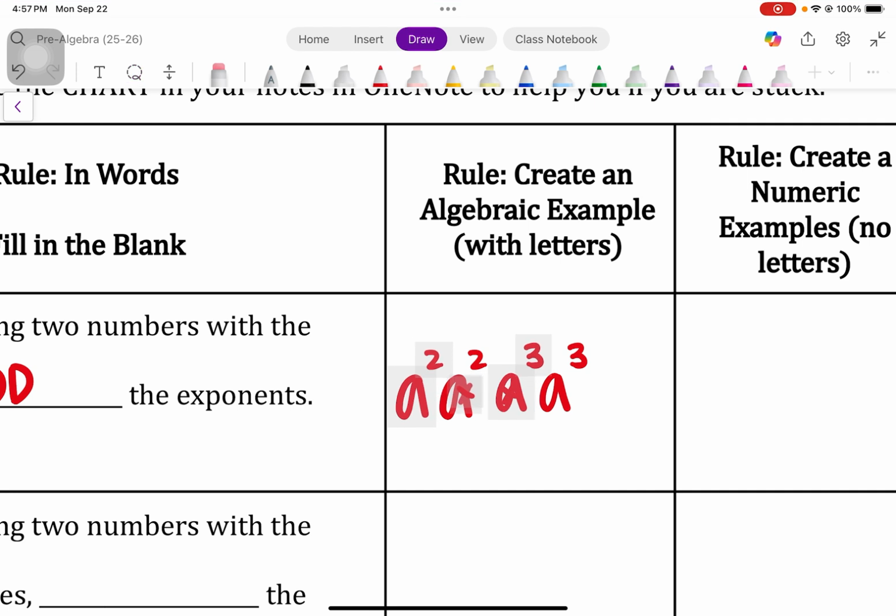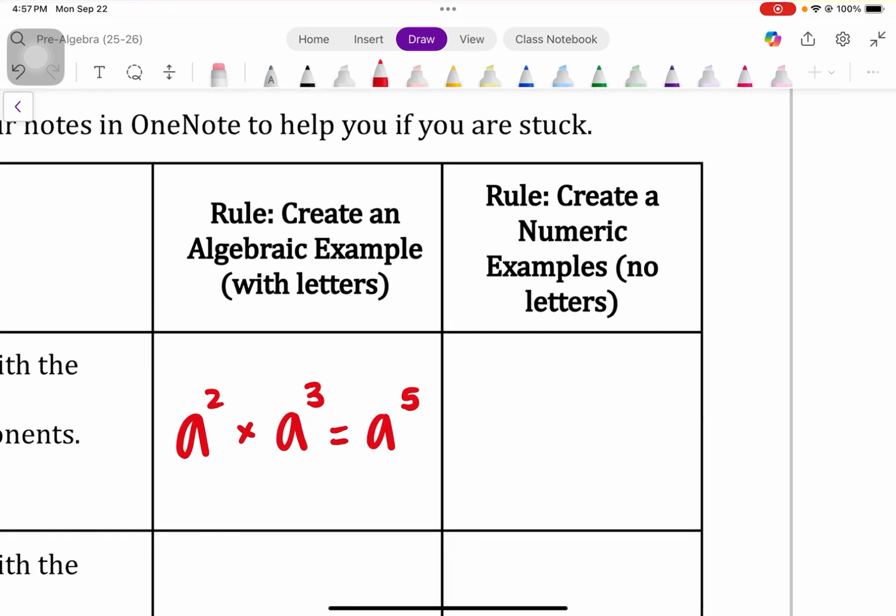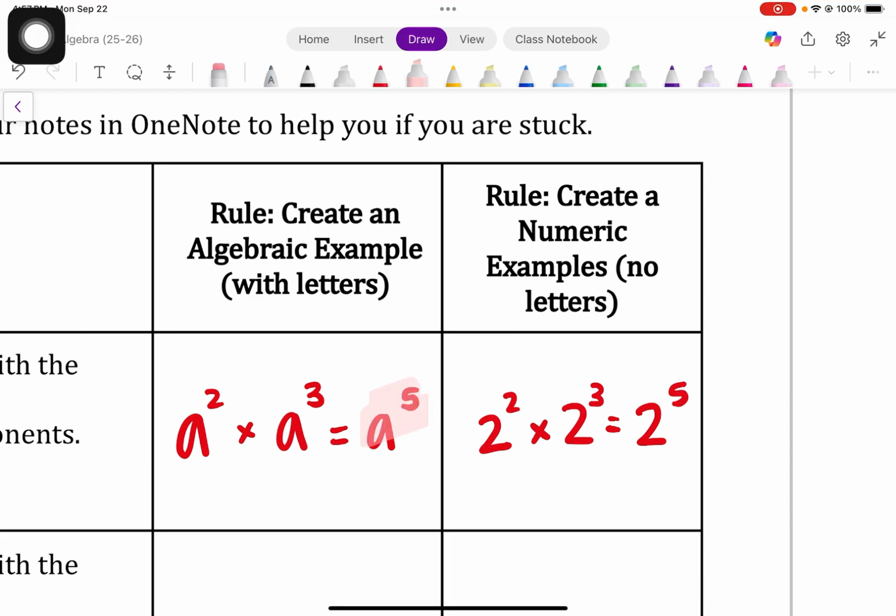So we're creating our own example, equals a to the fifth, because we just add our exponents. If we wanted a numeric one, with no letters, we just change our first example to be 2 squared times 2 to the third, which is also 2 to the fifth. So this is our answer.